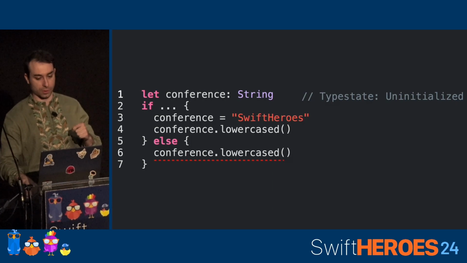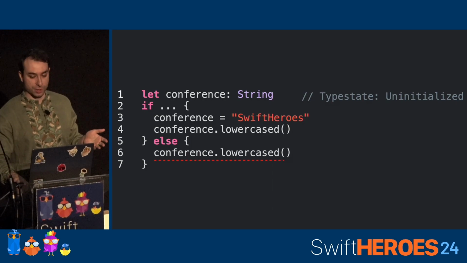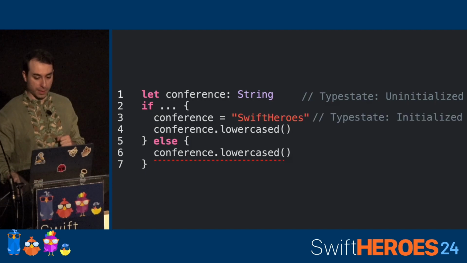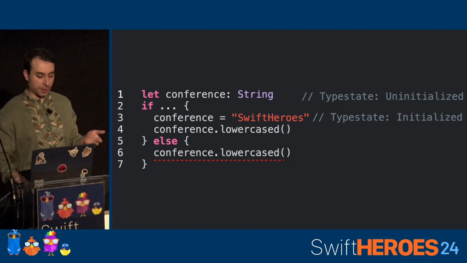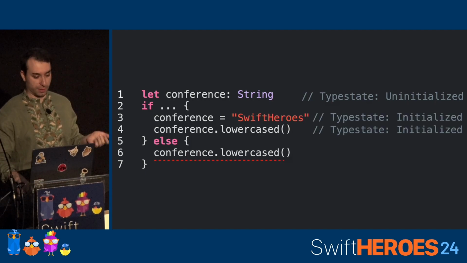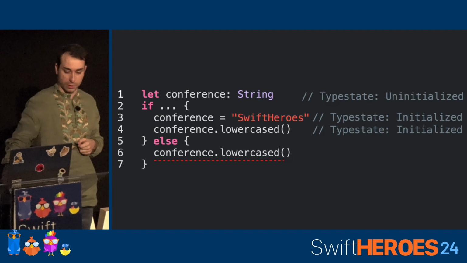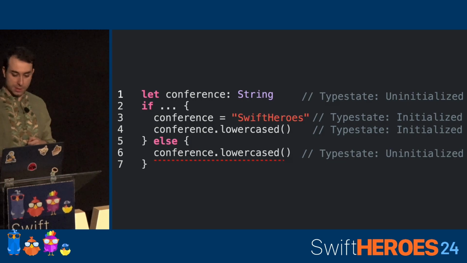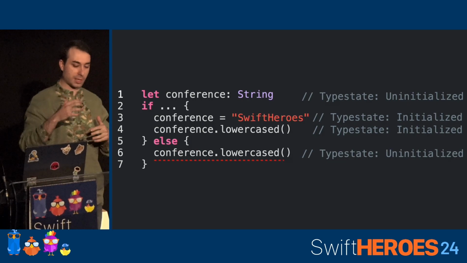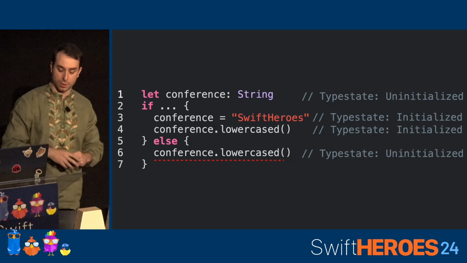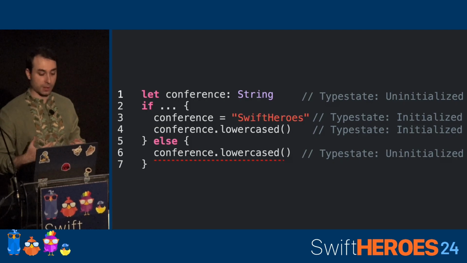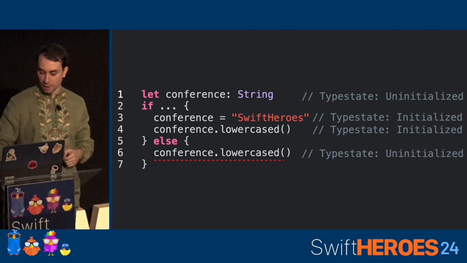So on the first line of code, it's uninitialized, right? Then on line 3, it is initialized. And line 4, since it is initialized, we can call functions on it. But on line 6, it is still uninitialized. So the compiler is able to break down this code, analyze it, and hence produce this compilation error.